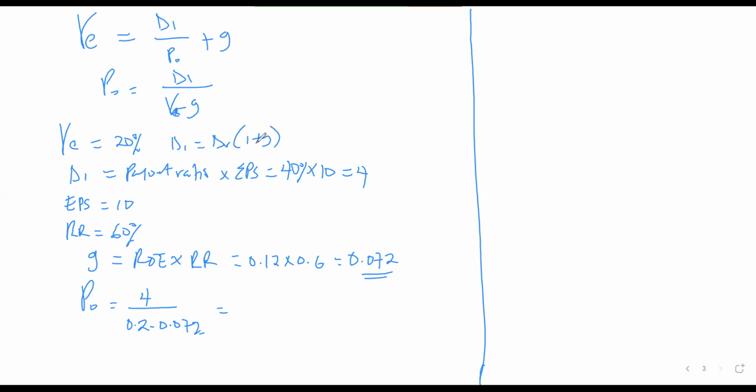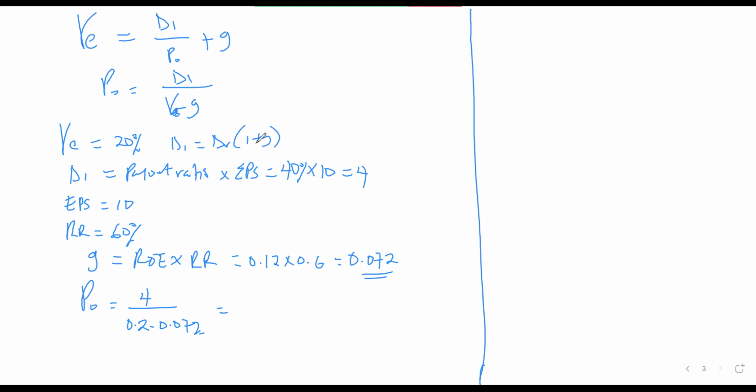But the question gave us earnings per share for next year. So if you calculate the percentage on that earnings per share, it gives you dividend for next year, not dividend for current year. That's why we are not multiplying it by 1 plus growth rate. Those are the little things you should pay attention to.